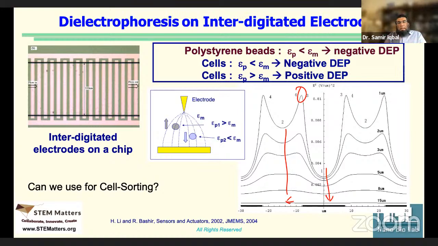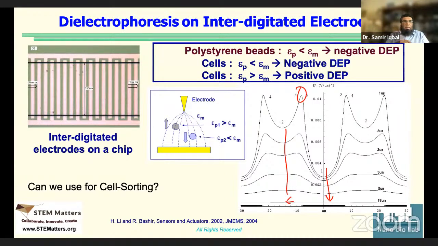If the dielectric constant of that entity, here given as polystyrene beads, epsilon P, is less than that of the medium, it's going to have a negative DEP. A negative DEP would mean that it would travel away from the electrode. On the other hand, if it has positive DEP, it's going to travel towards the electrode.